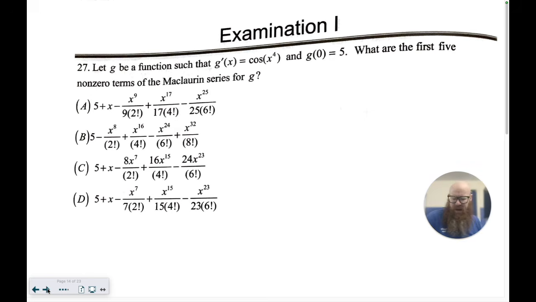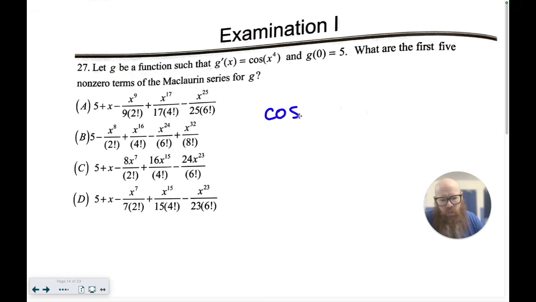What are the first 5 non-zero terms of the Maclaurin series for G? So the way that I'm going to do this is I am going to try to build it from something that I already know.